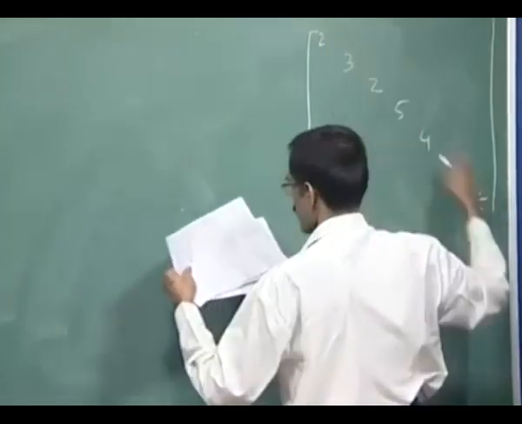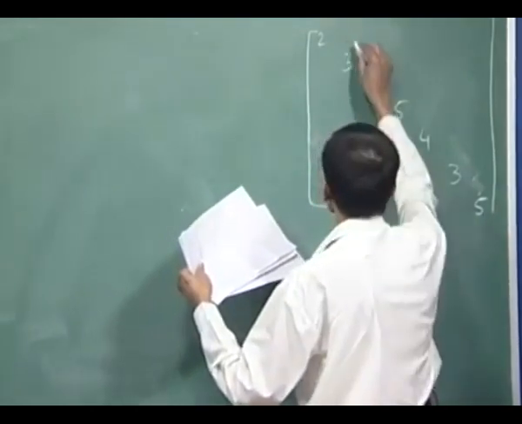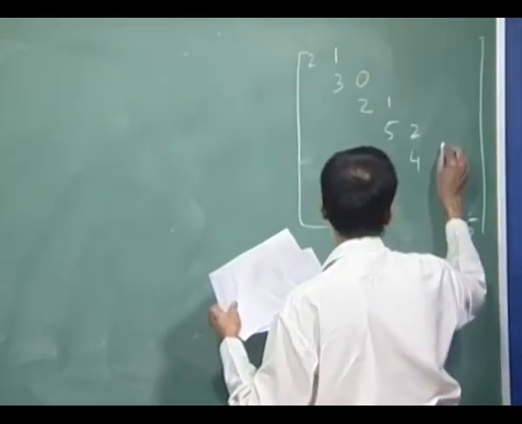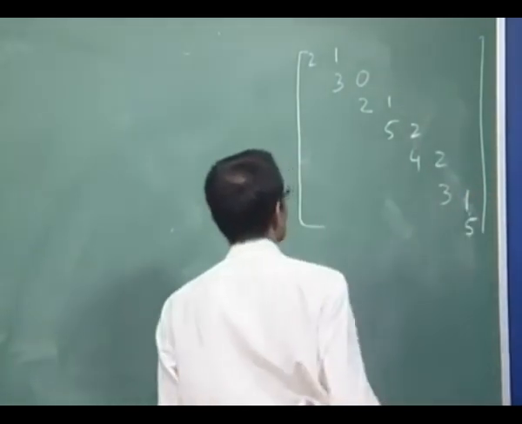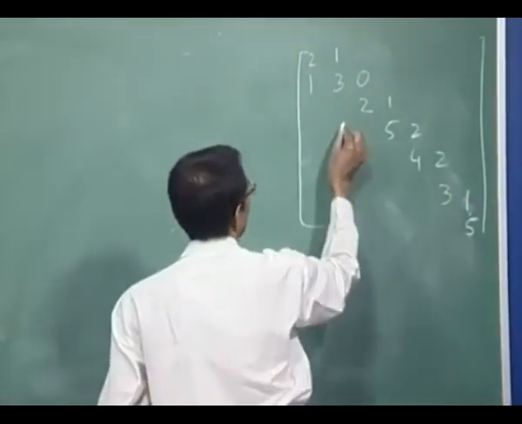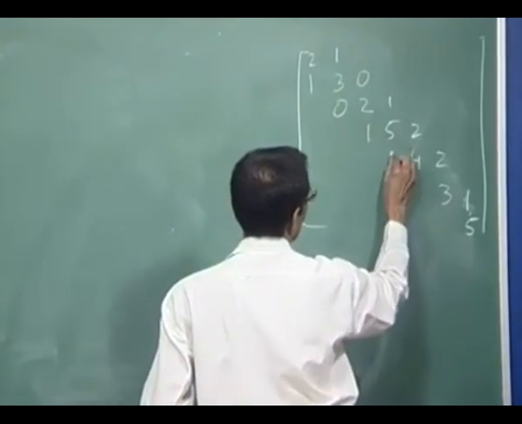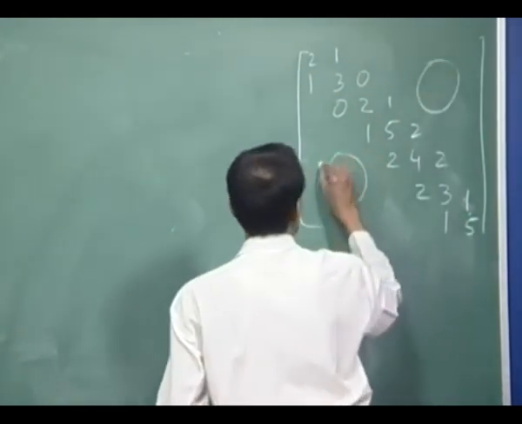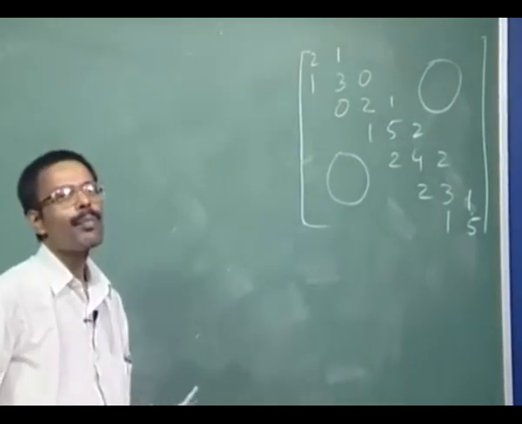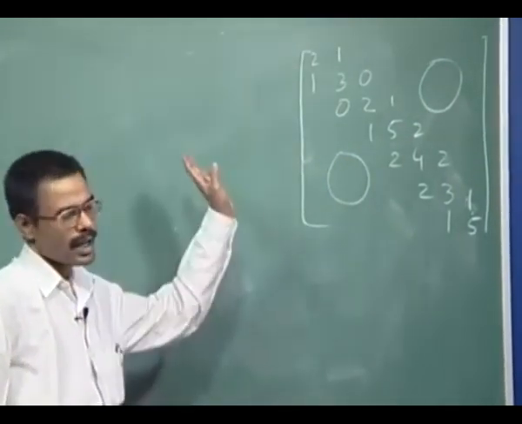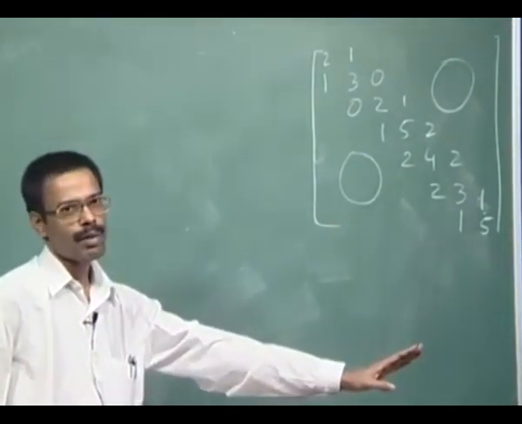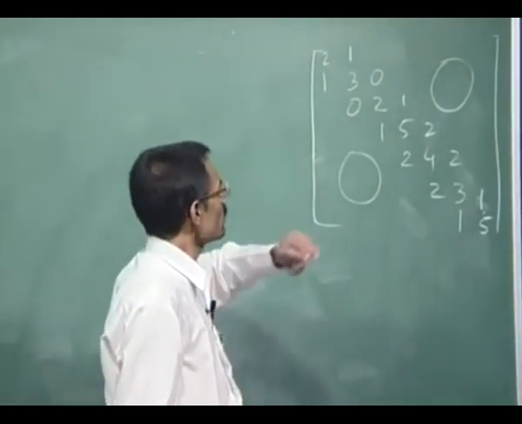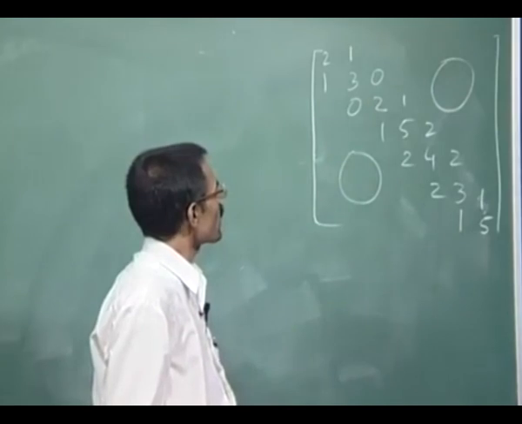These are the diagonal entries: 2, 3, 2, 5, 4, 3, 5, and the off diagonal entries are 1, 0, 1, 2, 2, 1, right. Subdiagonal entries are also same, and all other entries are 0. So, this is a symmetric tridiagonal matrix possibly obtained after a series of Householder transformations. Okay. So, this is the matrix which we are going to solve for eigenvalues.